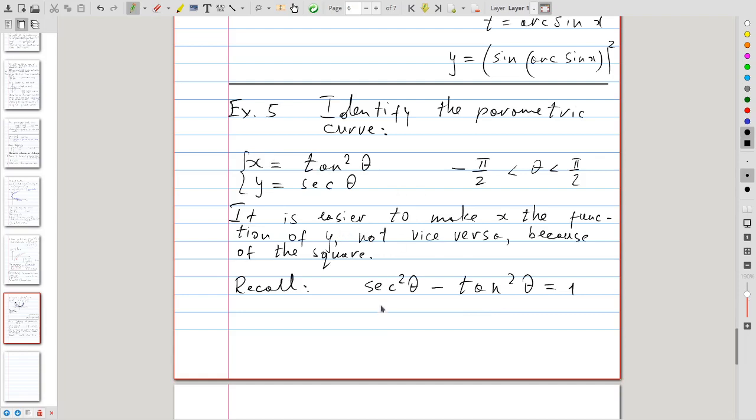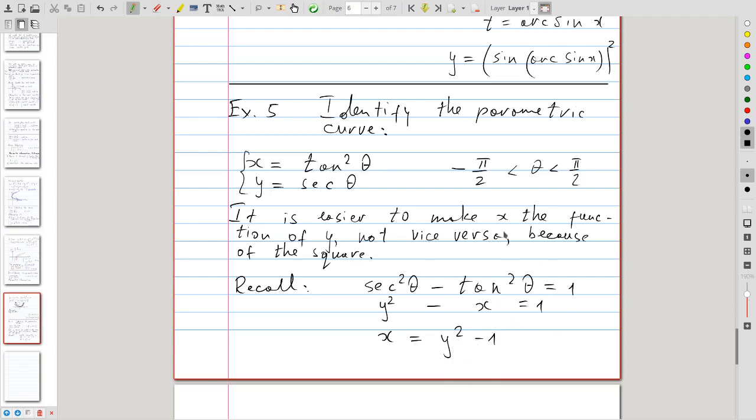And this gives, since y is secant, we get y squared minus x equals 1. And so then after shuffling the terms around, we get that x equals y squared minus 1. If I take this term to the right and this term here to the left, this is what I obtain.